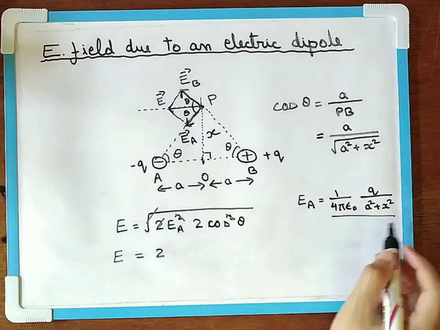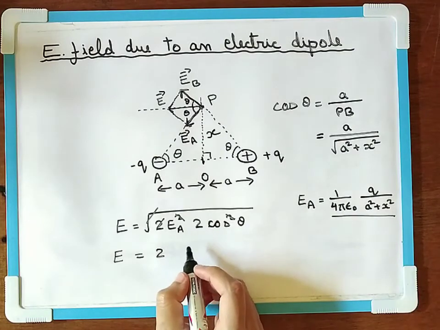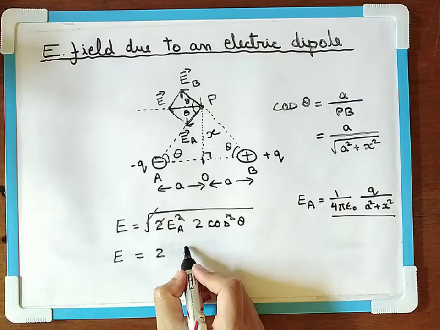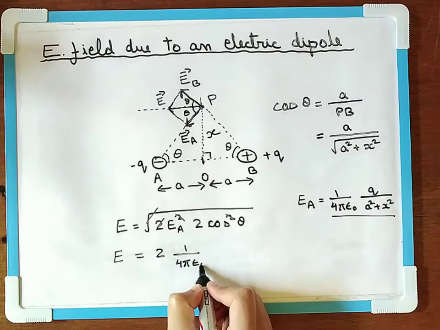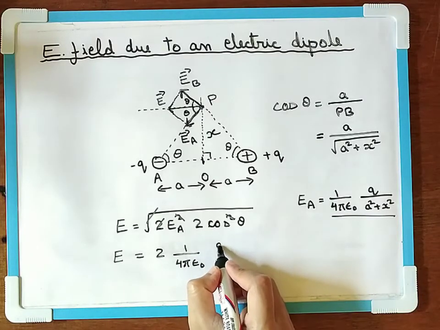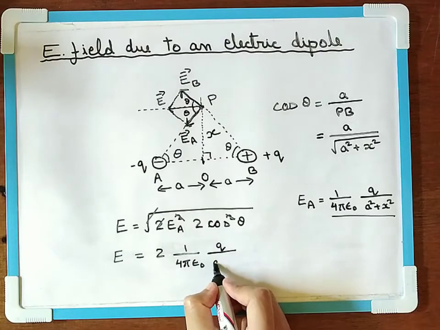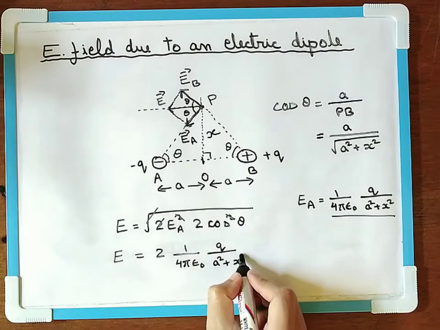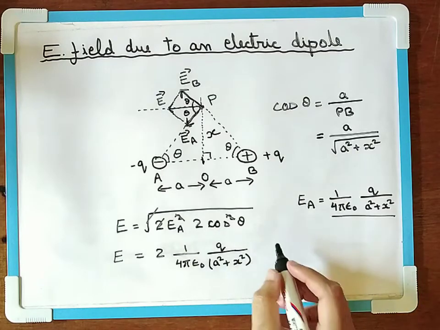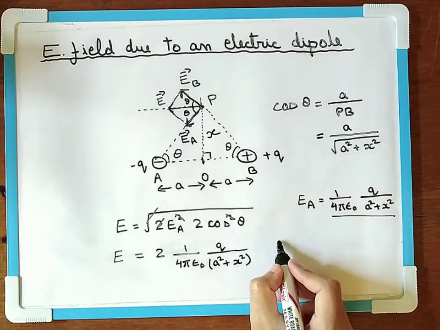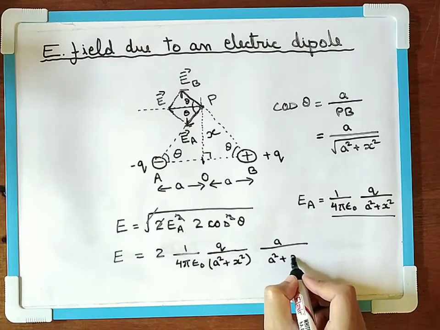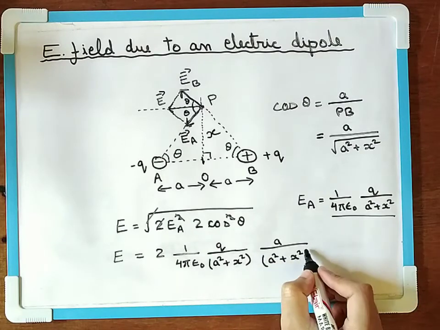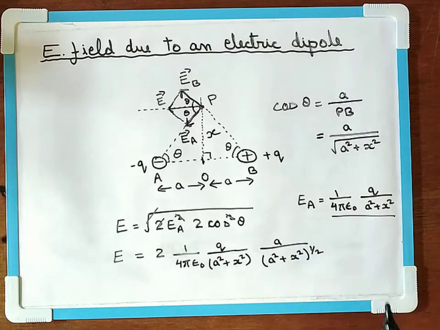2. Now E_A is 1 by 4 pi epsilon naught, then q divided by a square plus x square, and cos theta is a divided by root over a square plus x square, or we can write the square root as a square plus x square to the power half.